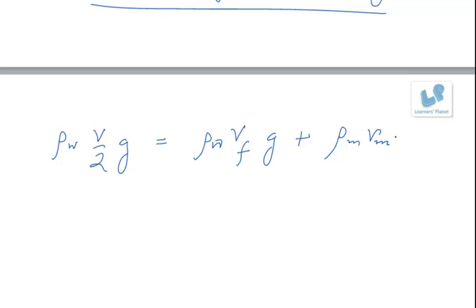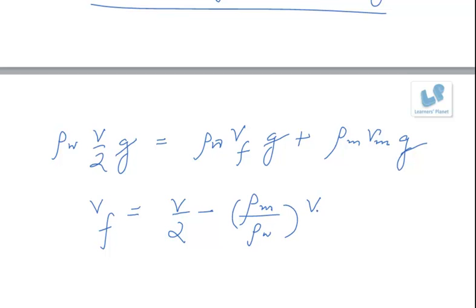So the equation now becomes rho of water V by 2 into G is equal to rho of water Vf into G plus rho of metal, volume of metal into G. So G will cancel out and we will get Vf equal to V by 2 minus rho m by rho w times Vm.